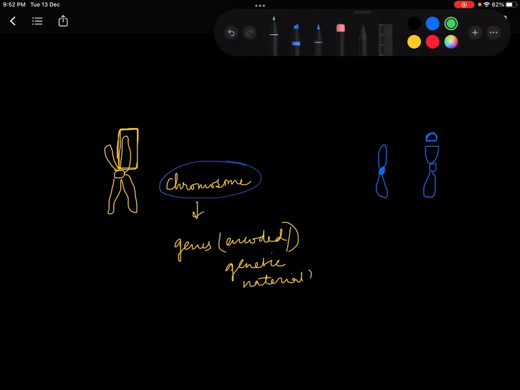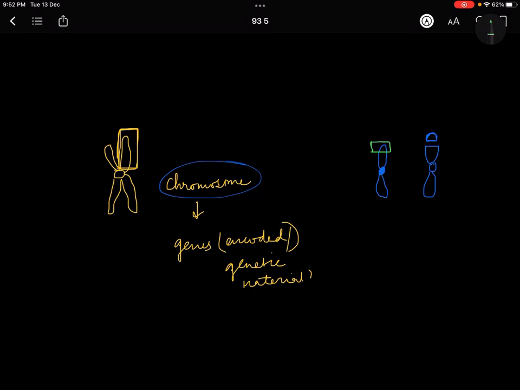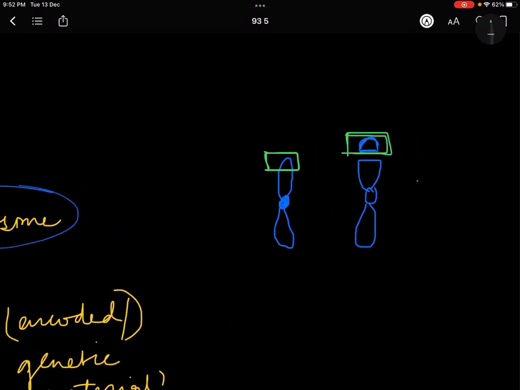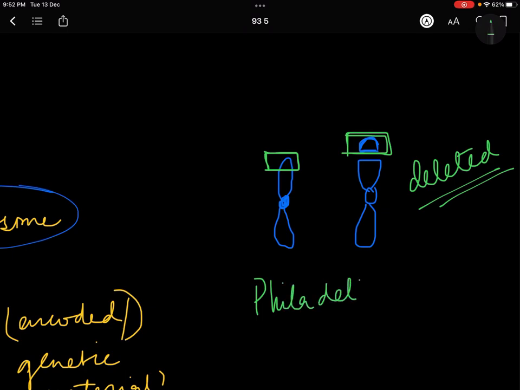This part, which was here, I am drawing separately. So now this part has got deleted. Now obviously certain diseases are going to occur. For example, there's a disease called Philadelphia 22. There is deletion that occurs in chromosome number 22, so it is called Philadelphia, right? So in deletion you can give that example, and you can give an example of cri-du-chat disease.